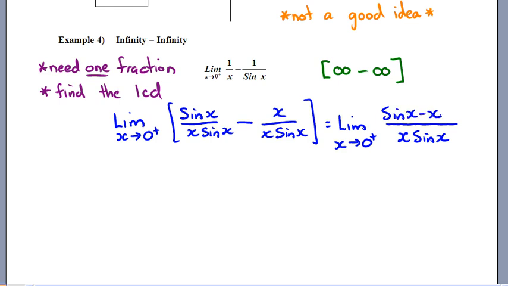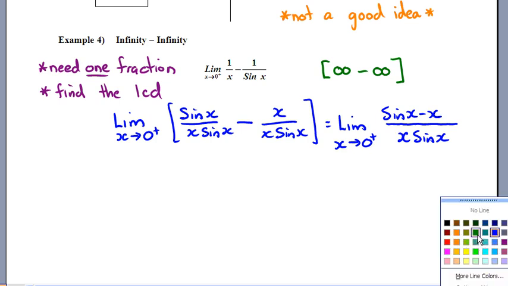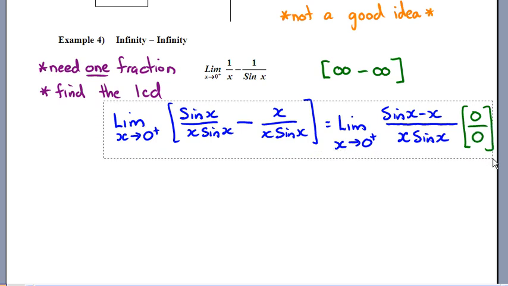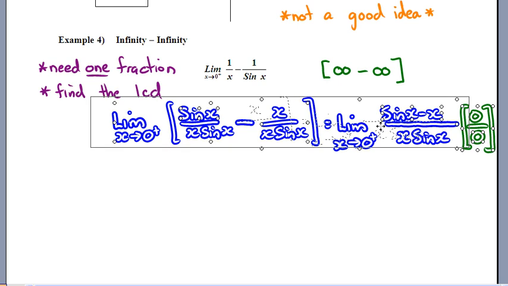Now I can look at it and say, when you let x go to 0, that's going to have the feeling of, okay, sine of 0 is 0. That's a 0 in the top, and then 0 times 0, a 0 in the bottom. So that has a feeling that I recognize.